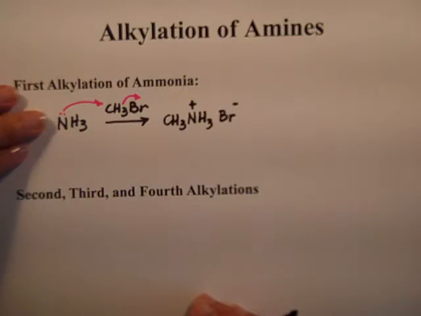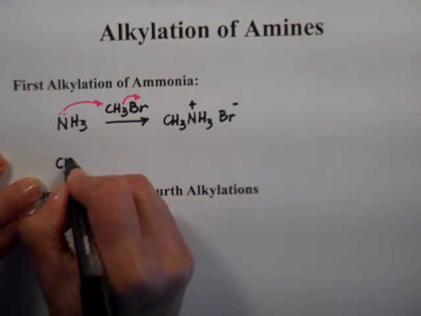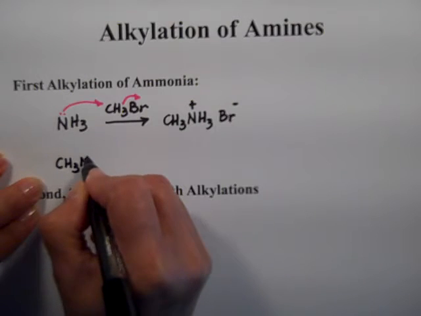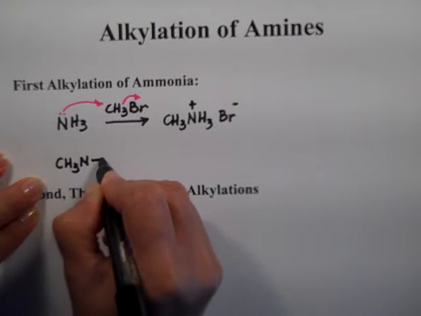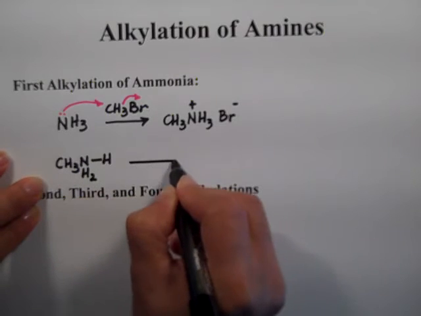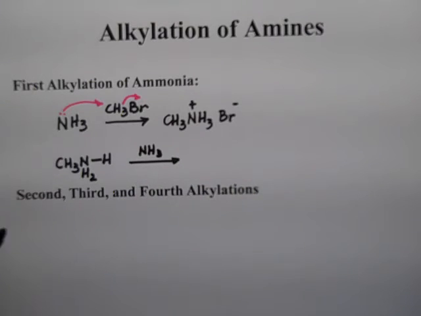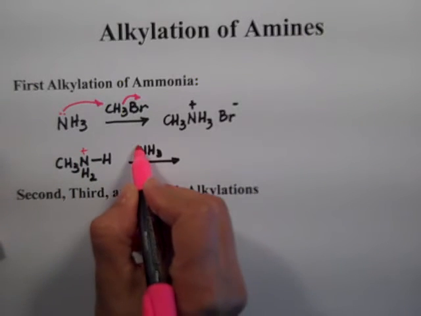But assuming that you put enough ammonia in there, the ammonia that you have in excess can come and, I'm going to put 2 hydrogens here at the bottom and 1 showing there. So the excess of ammonia can help deprotonate your nitrogen.